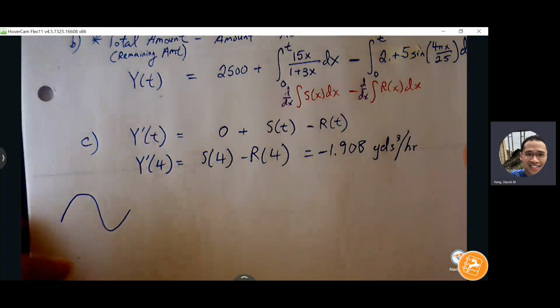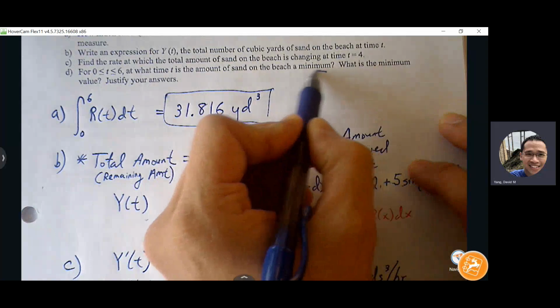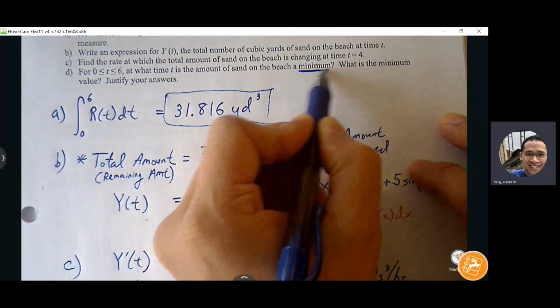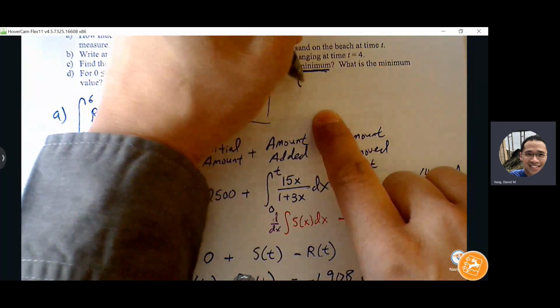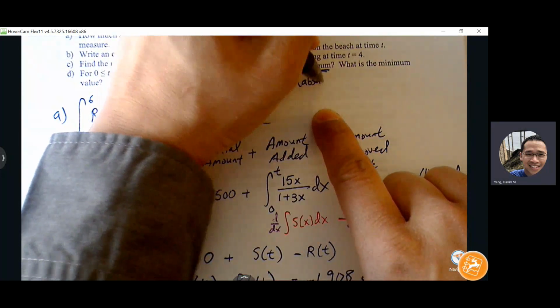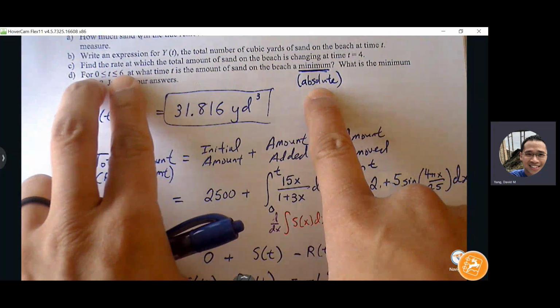But there's another thing going on here. We don't see the word here, but it's understood that it's not just a minimum, it's asking for the absolute minimum on this entire time interval.